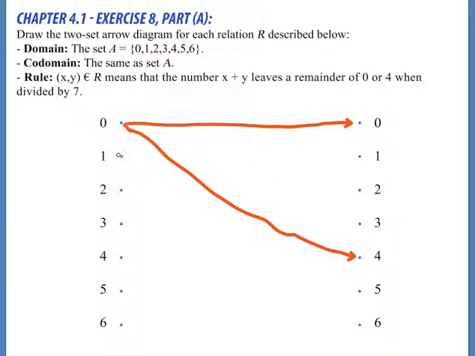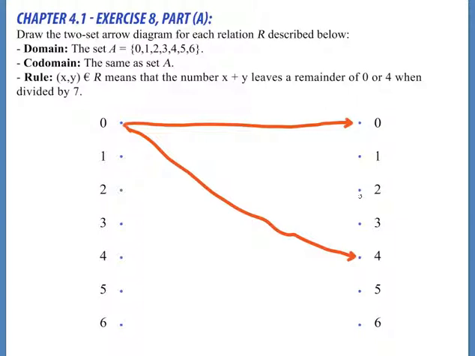We'll go with 1 now. So 1 plus 0 is 1 divided by 7. There's no remainder of 0 or 4. 1 plus 1 is 2 divided by 7. There's no remainder of 0 or 4, so we don't connect that. 1 plus 2 is 3 divided by 7.